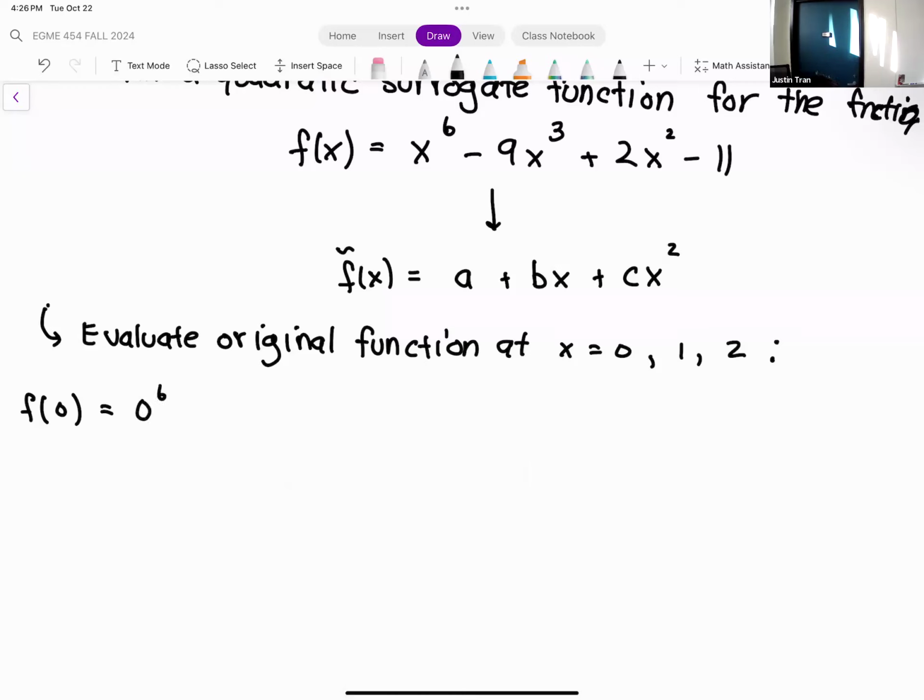We have 0 raised to the 6th power minus 9 times 0 cubed plus 2 times 0 squared minus 11. All right, and so if we evaluate this, everything with x just goes away because it's 0, and we end up with minus 11.